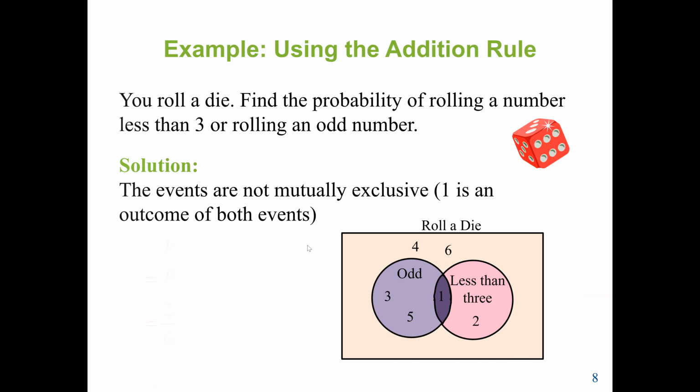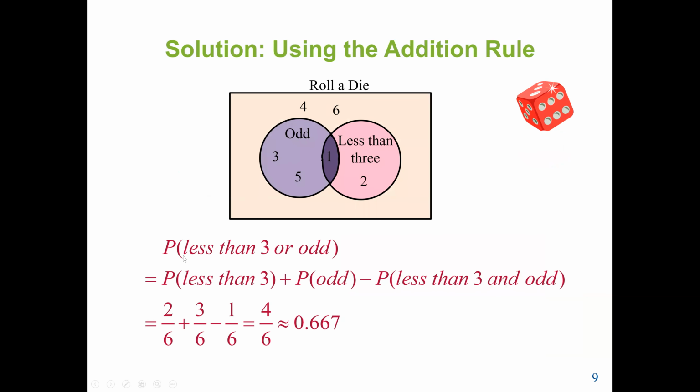So to find the probability of having less than 3 or odd, we have to use the formula for not mutually exclusive. So it will be probability of less than 3 plus probability of odd minus probability of less than 3 and odd.